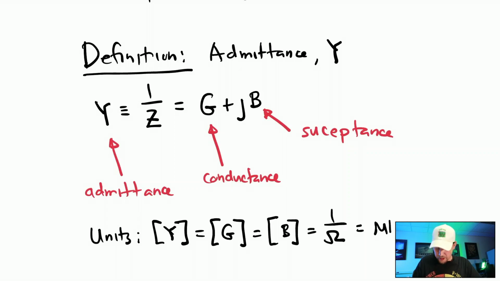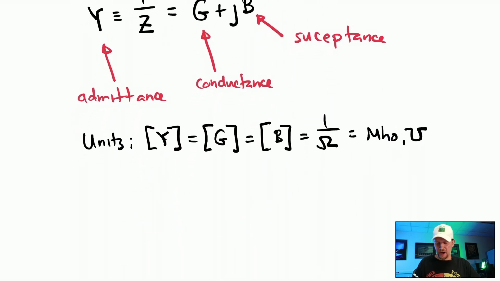This goes by either the name mho, which we denote with the upside down Greek letter omega, or it also goes by the name Siemens, which we denote with the capital S. And again, we will see instances in which it's more convenient to actually use admittances rather than impedances.